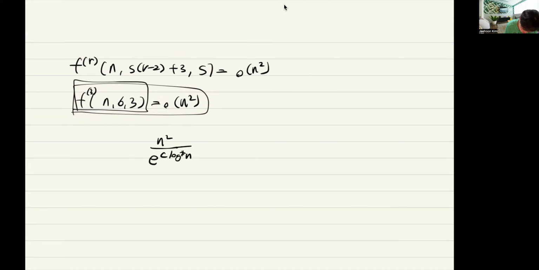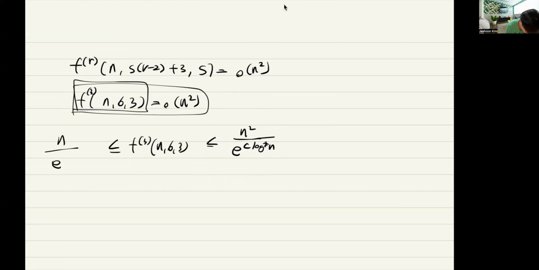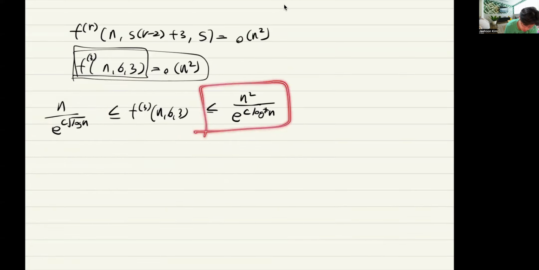So it's known that it's at most this number, and at least this number. Again, this one comes from the balanced construction. It's essentially the same. So using the construction, you can show that this lower bound holds. And for this upper bound, what's this log star?